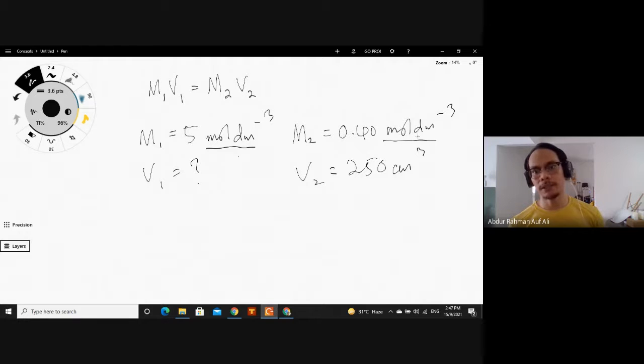Unless kalau untuk M2 dia bagi dalam molality, mole per kilogram. So kalau dia bagi this unit dalam 0.4 mole per kilogram, you have to convert this into mole per dm cubic. Okay? So tengok dulu the units of all the parameters sama. Kalau sama tak perlu perform conversion of units. Dah habis kan rasanya?